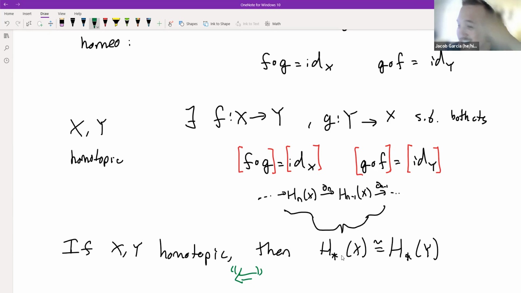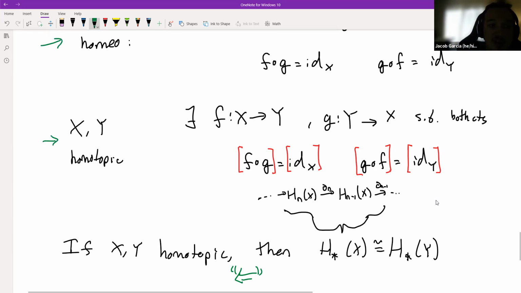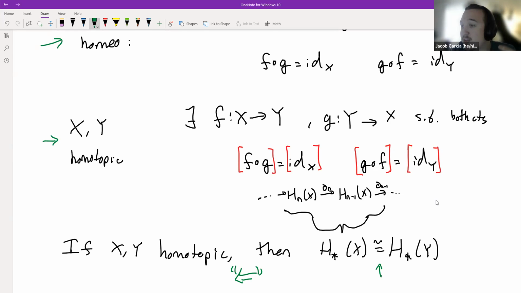I don't know. Anyway, the logic here is that if they were homeomorphic or homotopic, then their homology chains would be the same, right? But since we just proved that their homology chains are not the same, it can't be homeomorphic or homotopic.